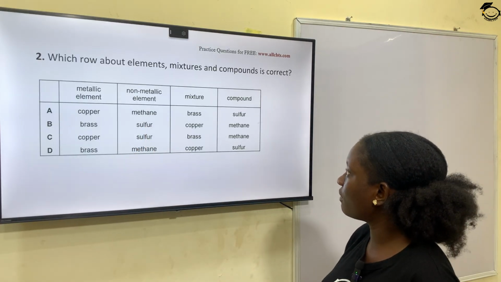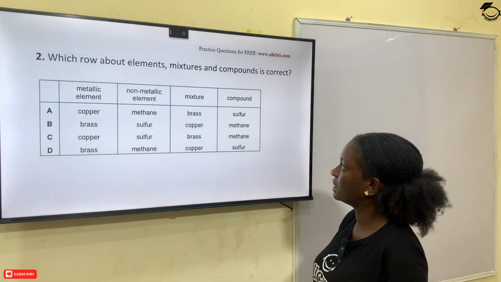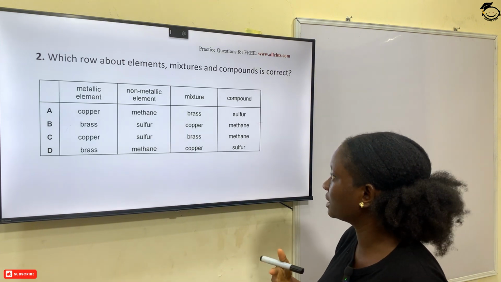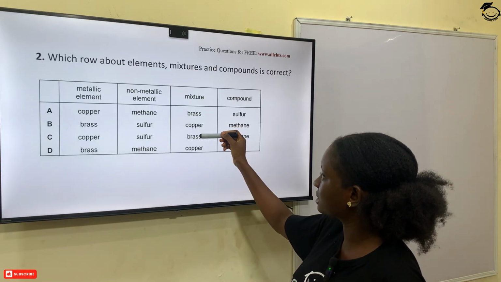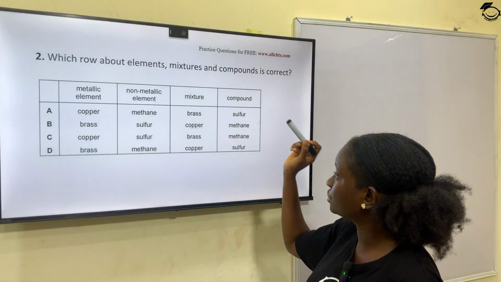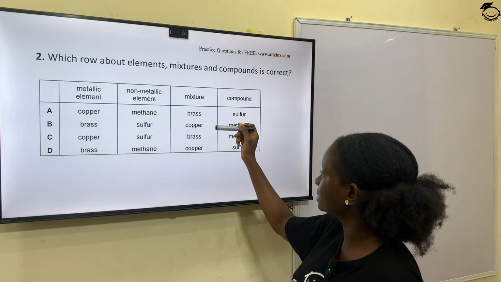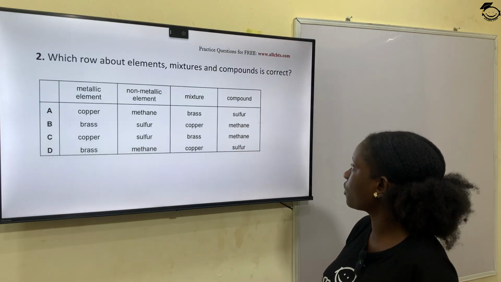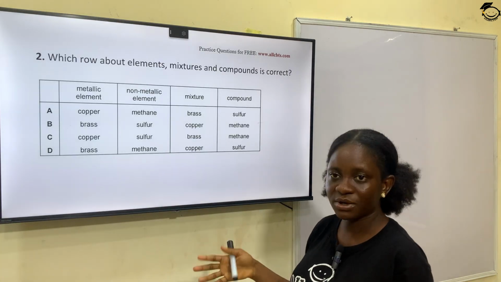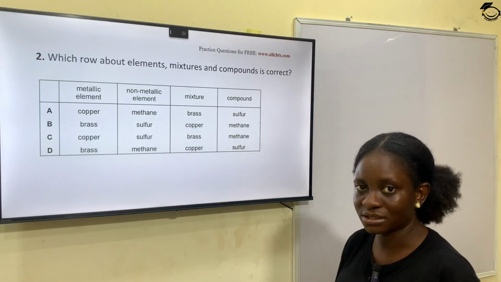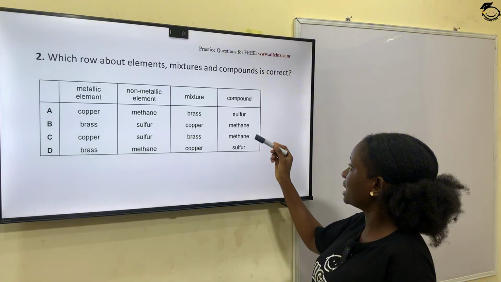Then for mixture, that's a mixture of two or more elements, which is brass. So we have option A and C here. And for compound, that's two or more elements combined with a chemical reaction having taken place. That's methane.